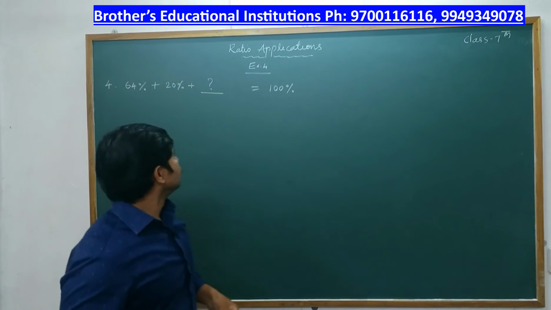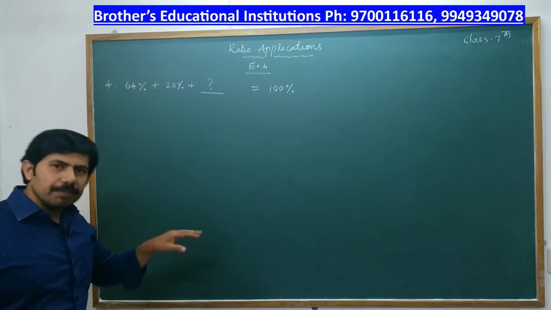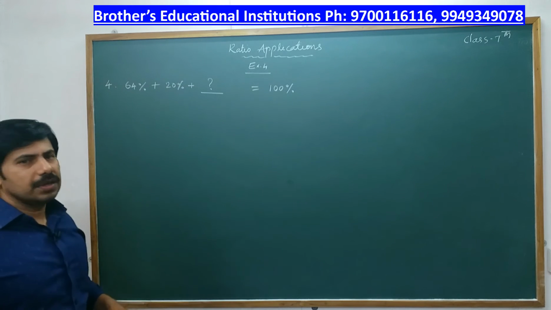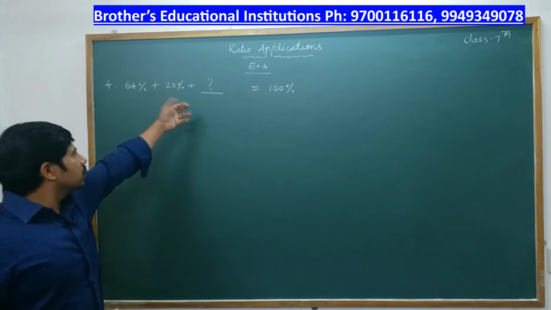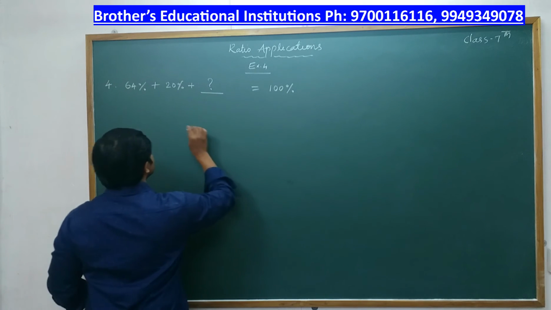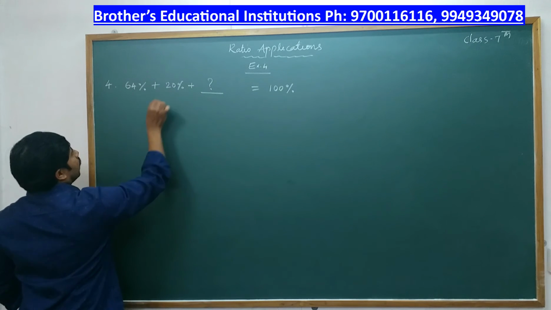Next problem. 64% plus 20% plus something is to be added to that. That gives 100%. So we have to find out this unknown. To find this unknown, first add these two. How much we will get? 4 and this is 8.